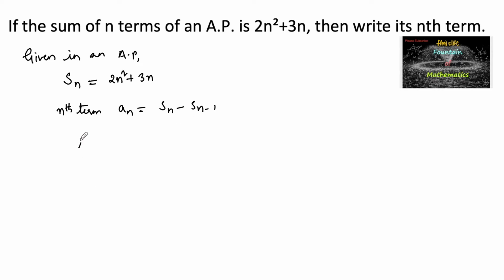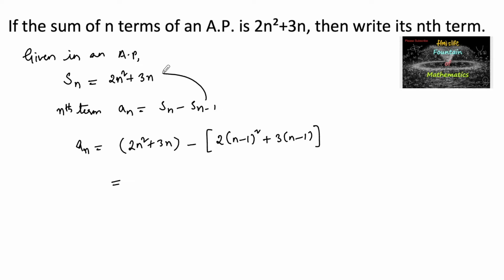So we can find the nth term an is equal to Sn, which is 2n square plus 3n, minus Sn minus 1. We substitute n minus 1 in place of n, so we'll be getting 2 times (n minus 1) whole square plus 3 times (n minus 1).